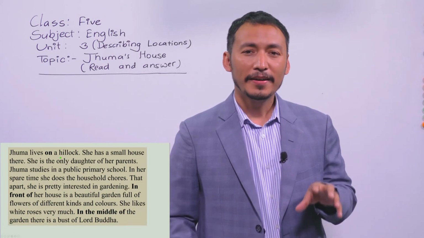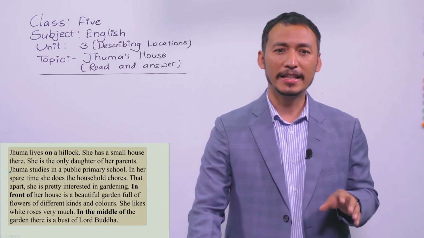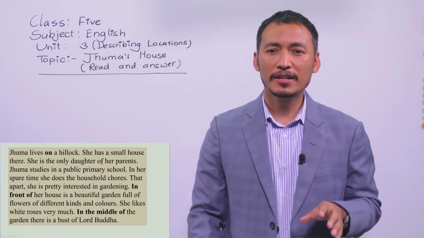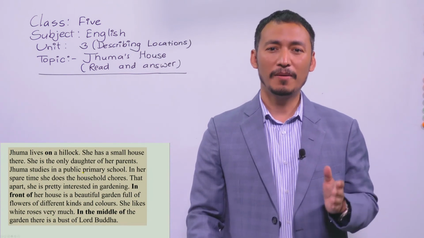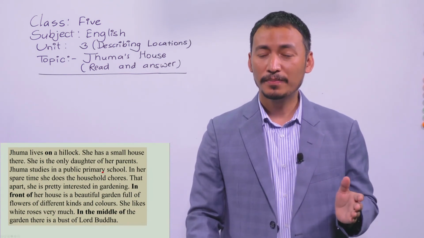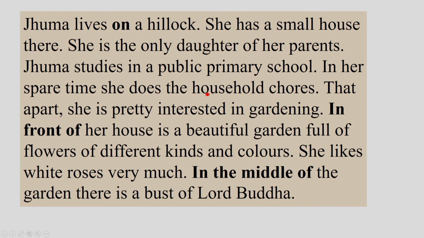Jhuma lives on a hillock. She has a small house there. She is the only daughter of her parents. Jhuma studies in a public school, primary school. In her spare time, she does the household chores.